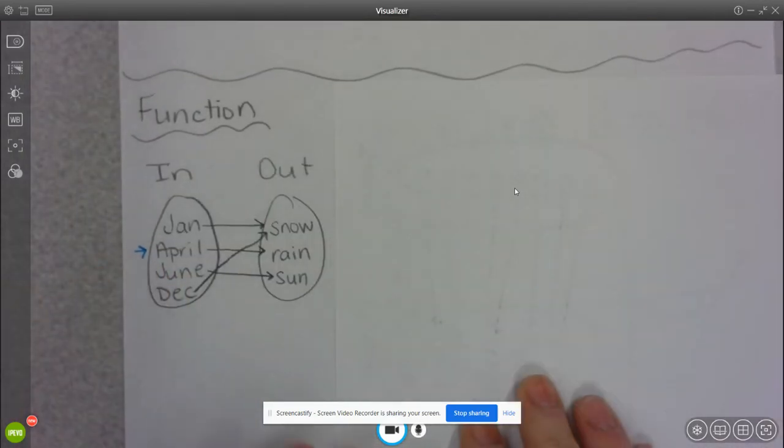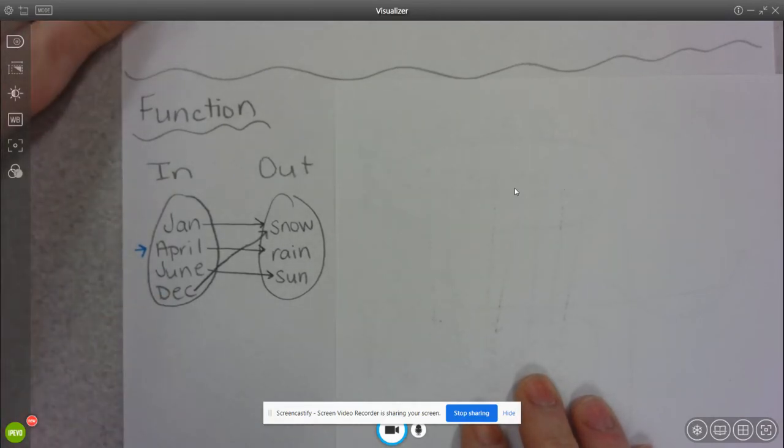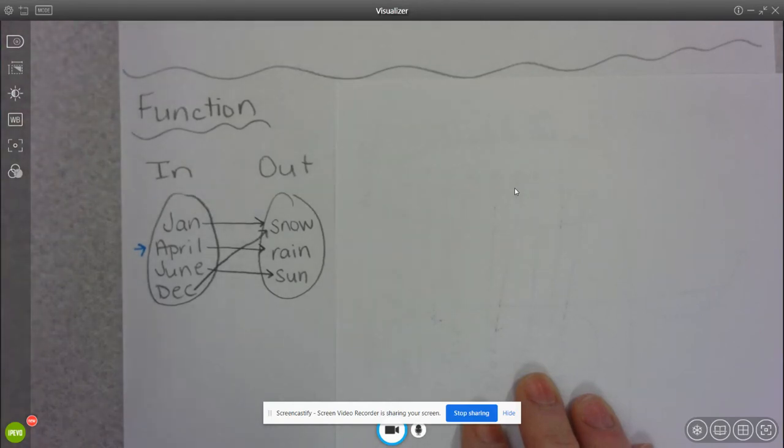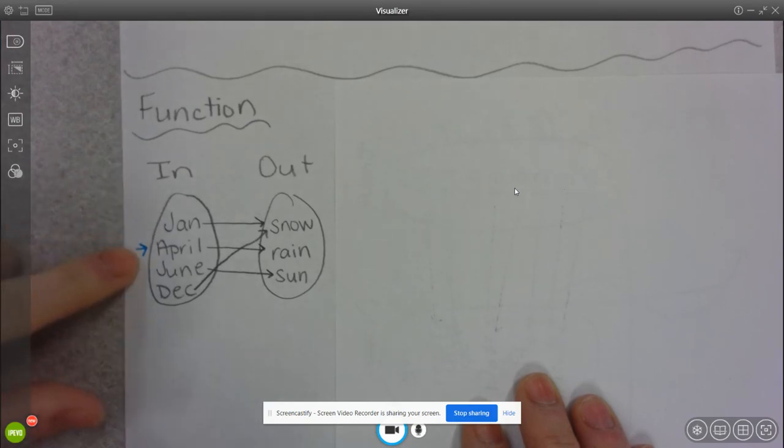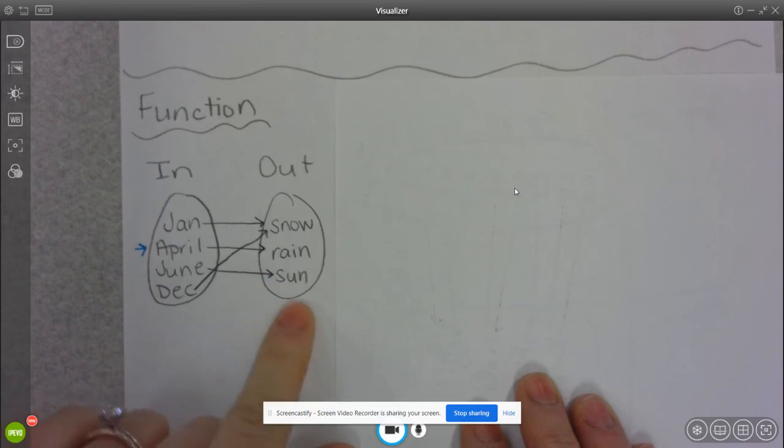So I took the same pieces of information I had before for not a function, and I switched one thing to turn them into functions. Here April was the issue before. Instead of April going to rain and sun, now April only goes to rain.